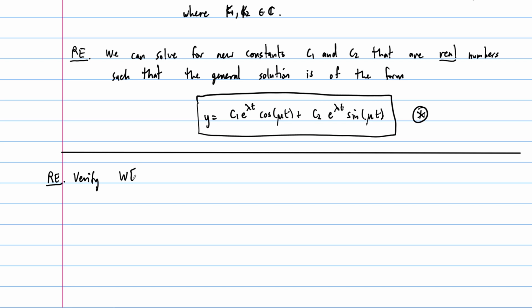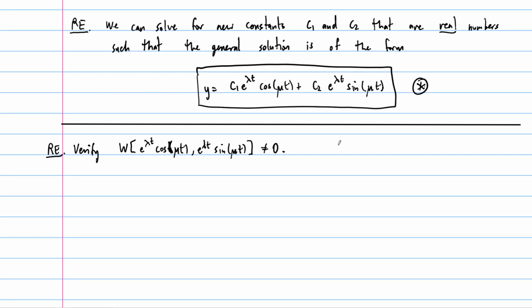So verify that the Wronskian of these two basis solutions is non-zero. Why don't you take a few minutes and work on that, and when you check back, we'll do another example.